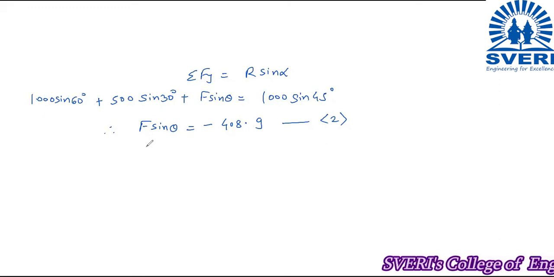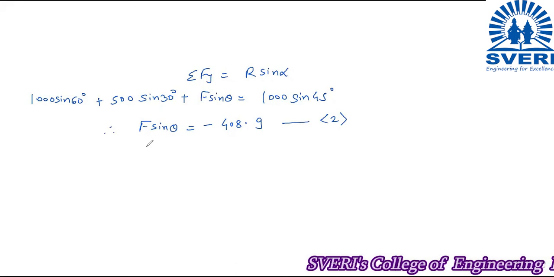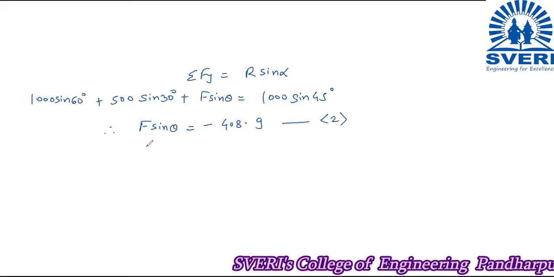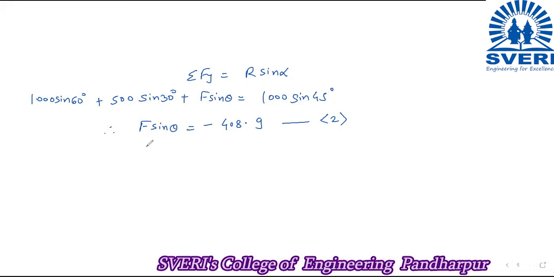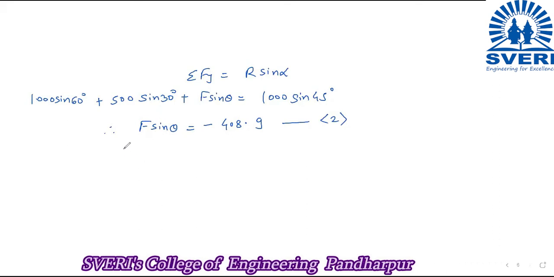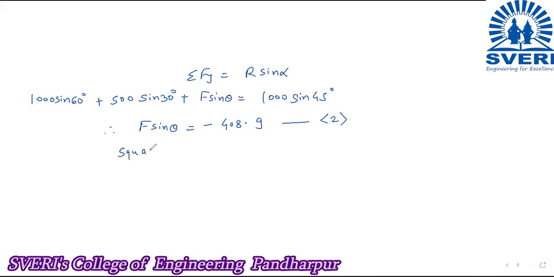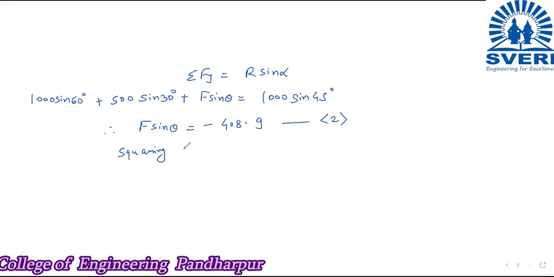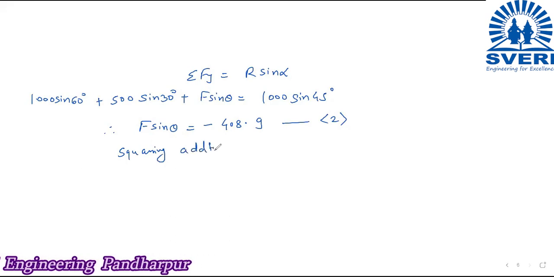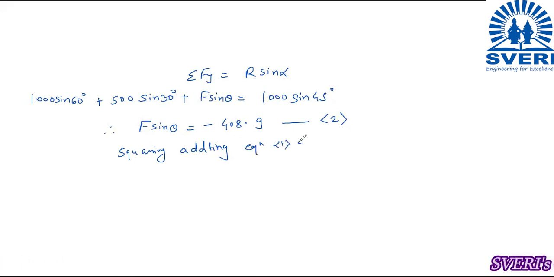Sin upon cos means you will get tan theta. Then you can calculate the value of theta, and after that you can calculate the value of F. So this way also, by squaring and adding equations 1 and 2, we will get the answer.